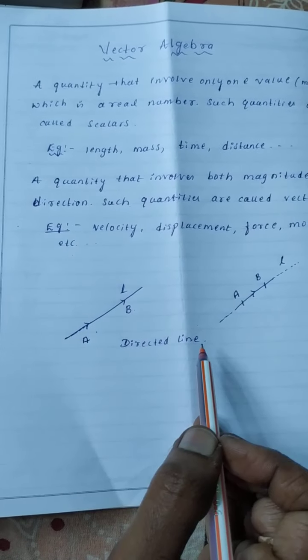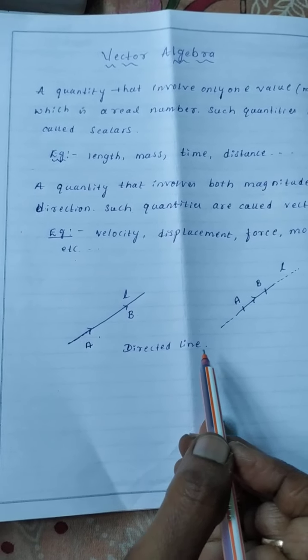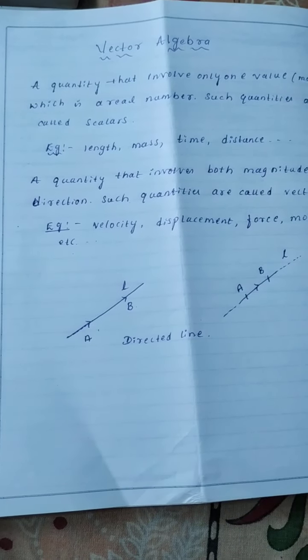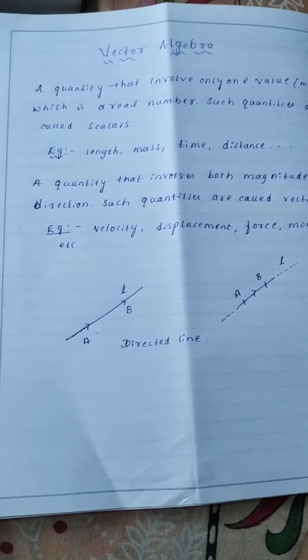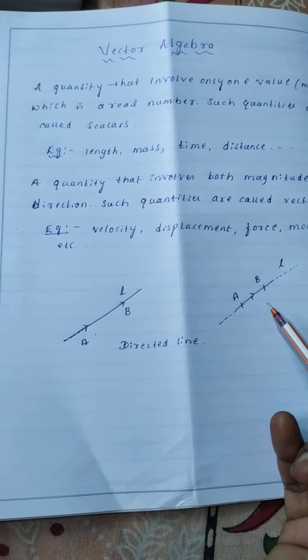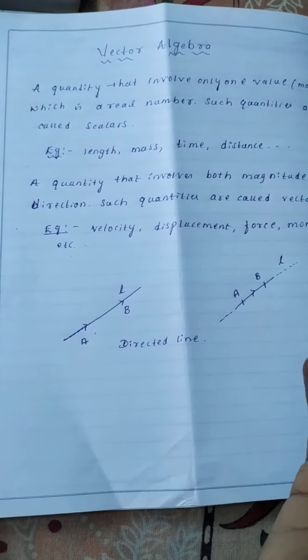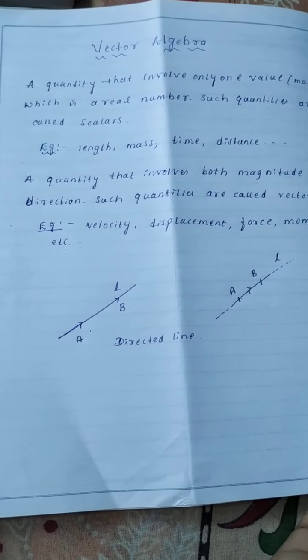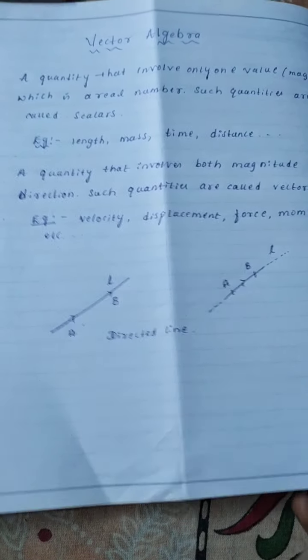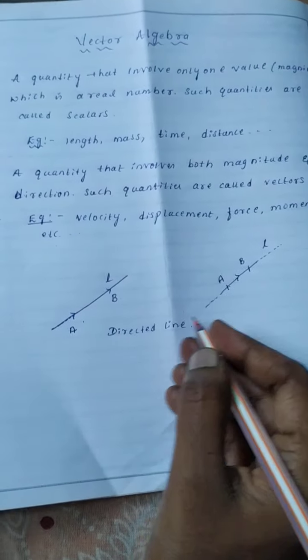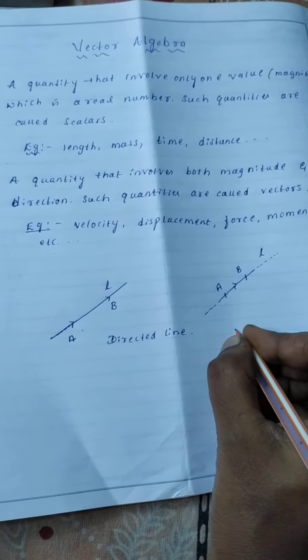Then a directed line segment has a magnitude as well as a direction. A quantity that has a magnitude as well as a direction is called a vector. So this line segment is a vector and it is denoted as AB.